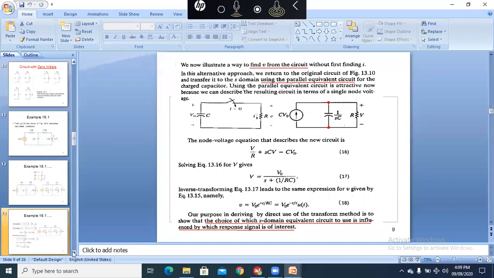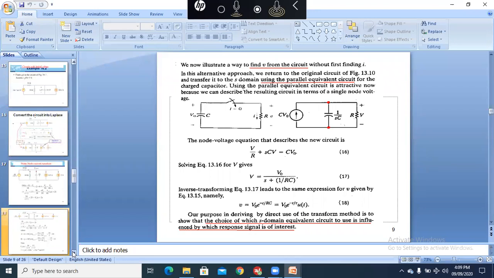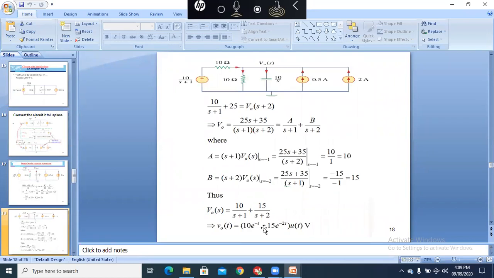And in the next example, V out of t across the capacitor is also a decaying exponential.